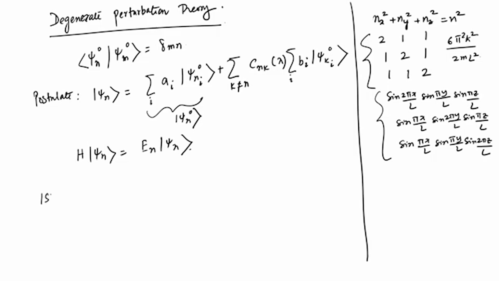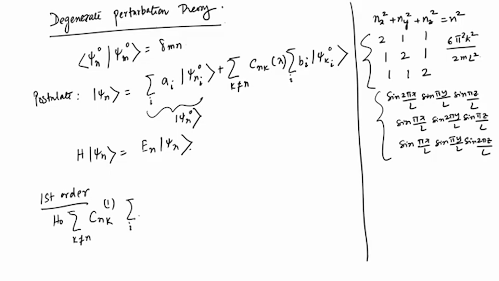So, till first order we get a term which is H 0 and a sum over k not equal to n, and you have a c n k 1. What I mean by first order is first order in lambda, just the way we have done it for the non-degenerate perturbation case.